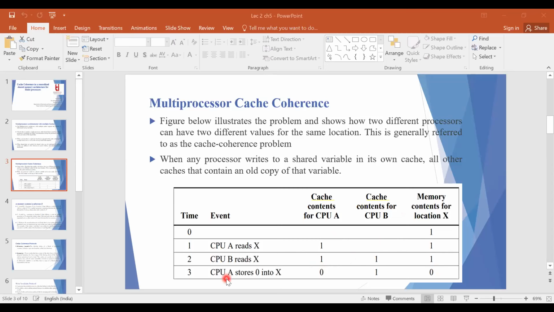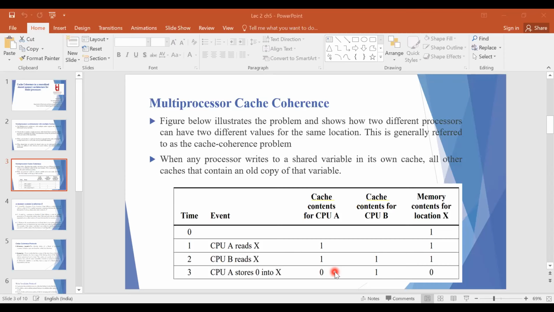Right? At time t equal to 3, CPU A writes a new value of x equal to 0 into its own cache. Obviously now it wants to perform a write operation for x. So it stores a 0 into the memory. And whenever the address goes to the memory, it always goes in hierarchical order, right?